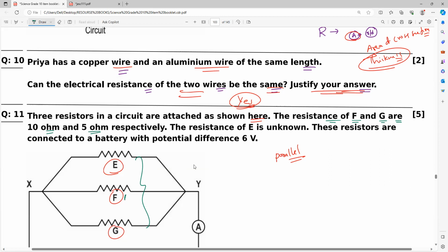The resistance of E is unknown. These resistors are connected to a battery of potential difference 6 volts. So they are asking us to find the E value.